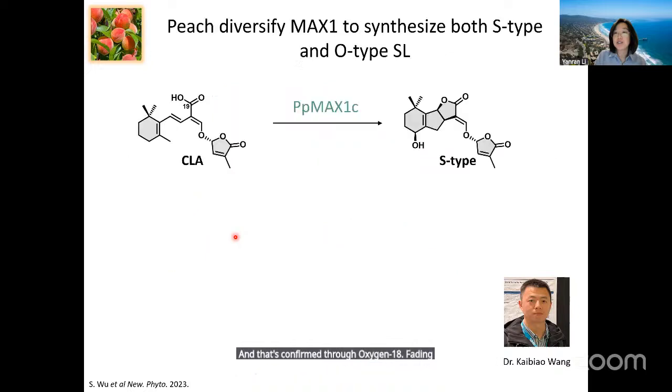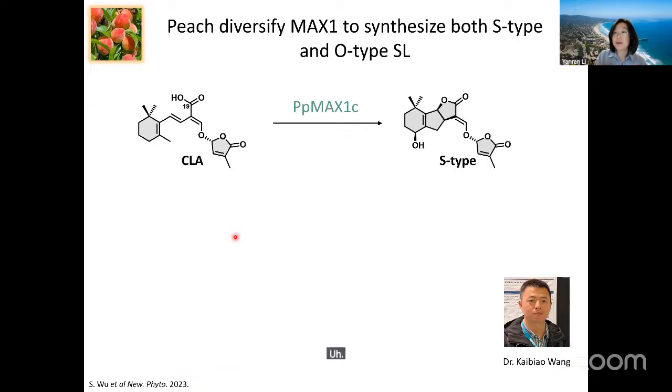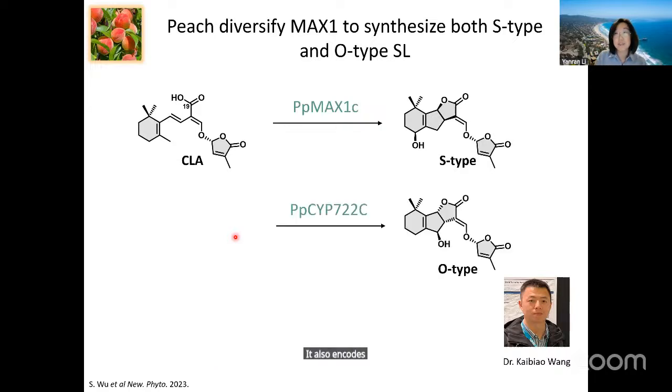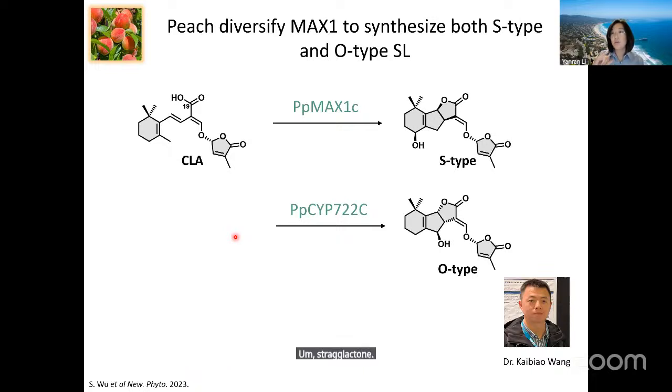And we also want to quickly point out that for peach, specifically this plant, in addition to encoding a PpMAX1 variant called PpMAX1c that converts CLA into the 5-deoxystrigol type, it also encodes a CYP722C, which is conserved across all the dicots. And specifically in peach, this PpCYP722C can convert CLA into orobanchol, which is the O-type strigolactone.